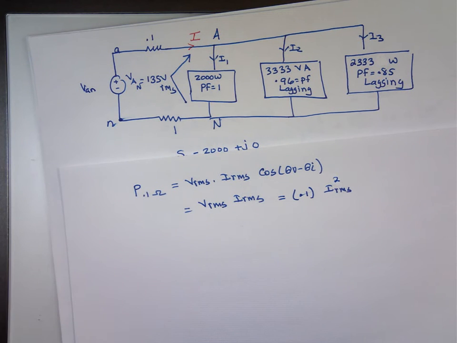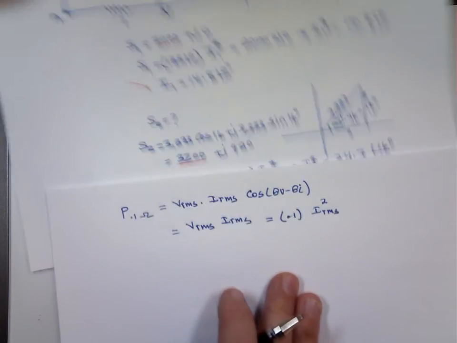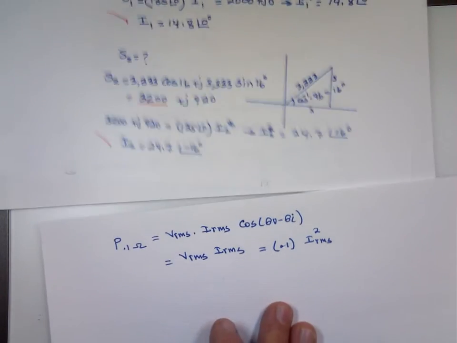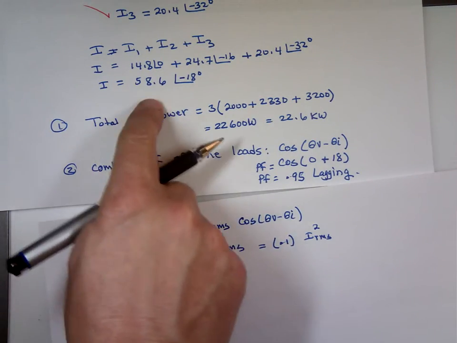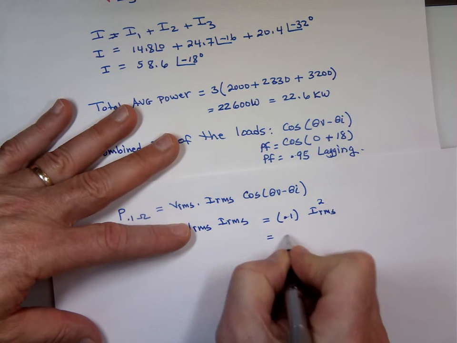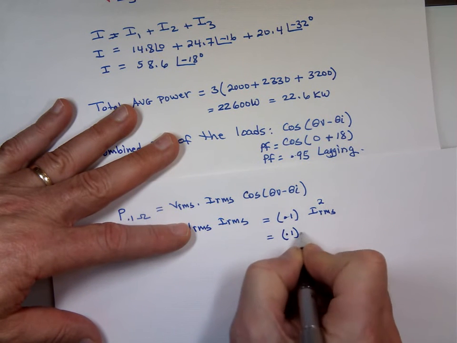And the phase shift is going to be 0. So this is going to be for the 0.1. Where's the current? I have it somewhere. The current going through that is 58.6. So it's going to be 0.1 times 58.6 squared.